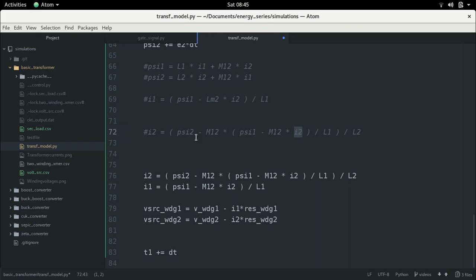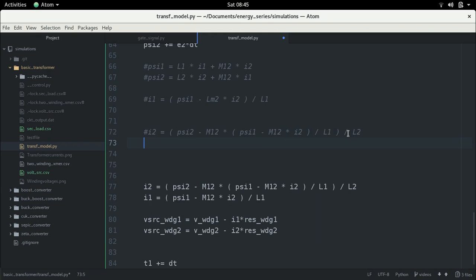So for example, if I were to write this equation and expand it, I'm just going to copy these terms.